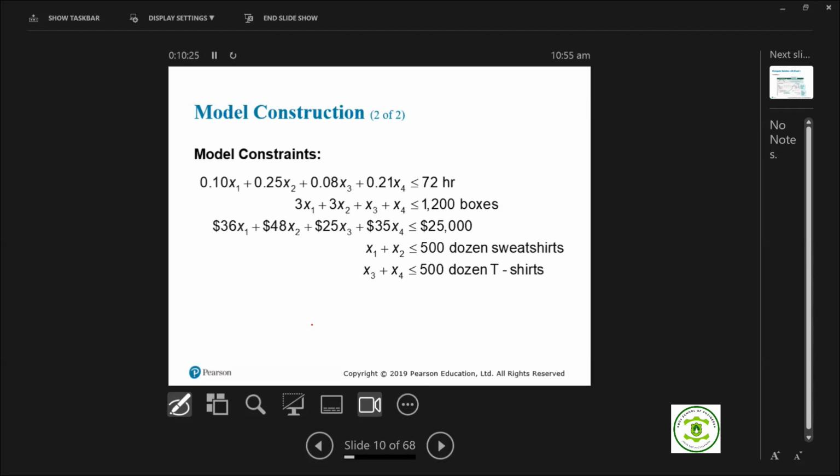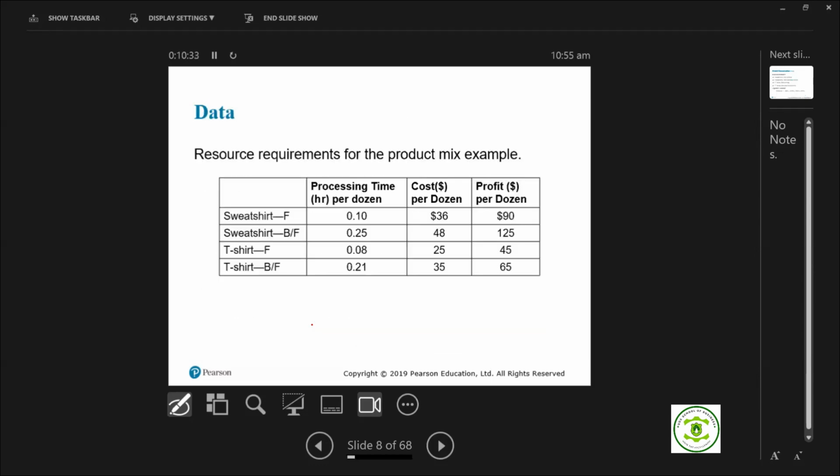Now, then we have a budget constraint. Go to the table, you see cost. So the budget constraint will be X1 times 36, X2 times 48, X3 times 25, X4 times the last cost.